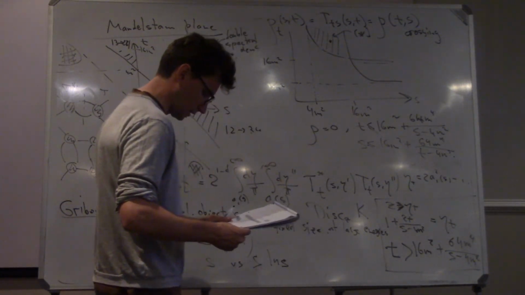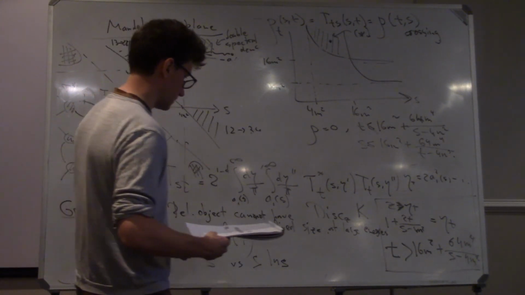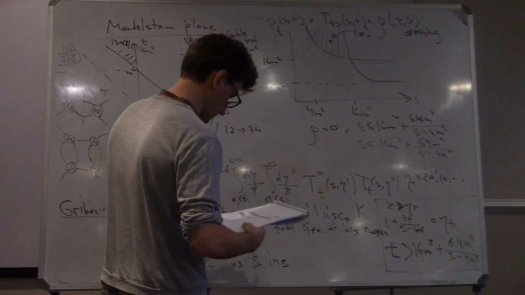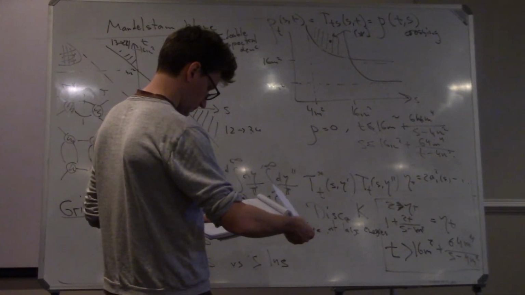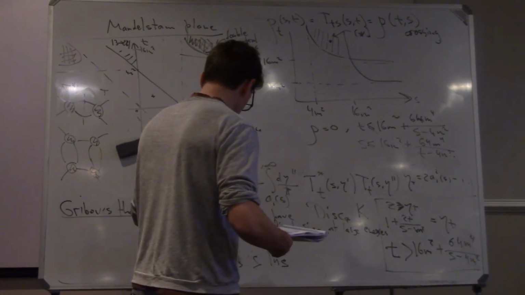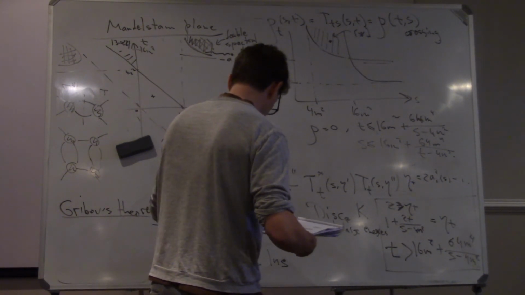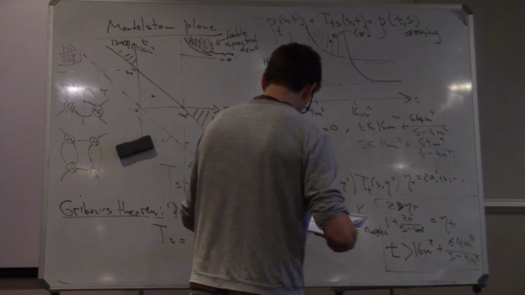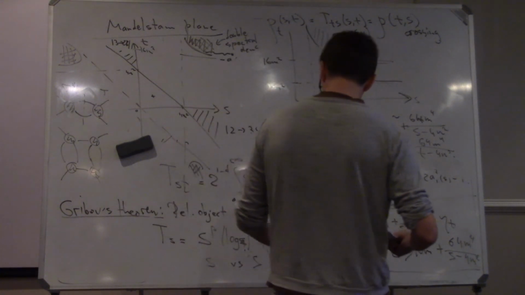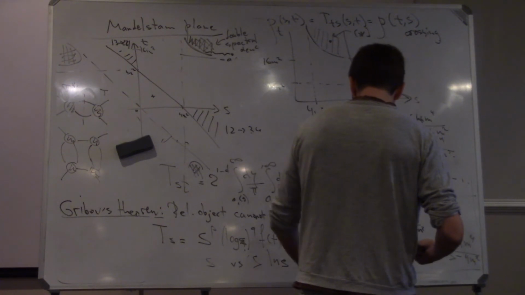Then Froissart generalized this to the statement that if you try to write here something like S to the P, log S to the Q, times f of t, then such asymptotics is inconsistent for any P and Q larger or equal than -1.